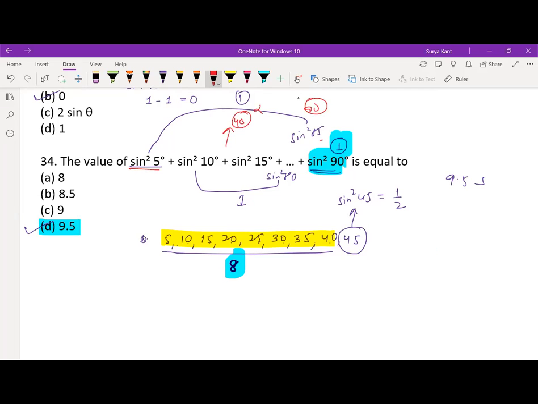Till 85 is there, but 80 only you should count. So 80 by 5 is 16, and 16 divided by 2 is 8. Here 1, so 9 and a half.